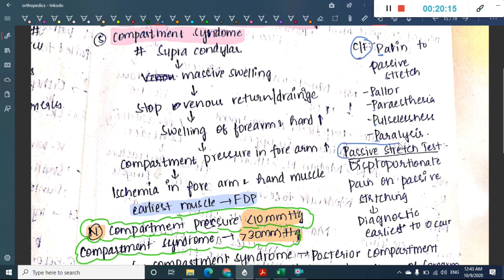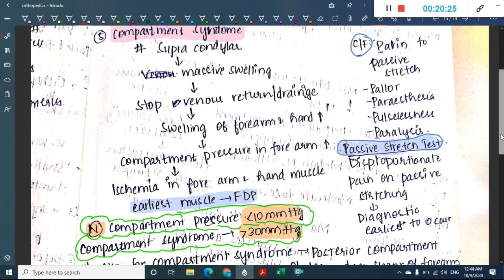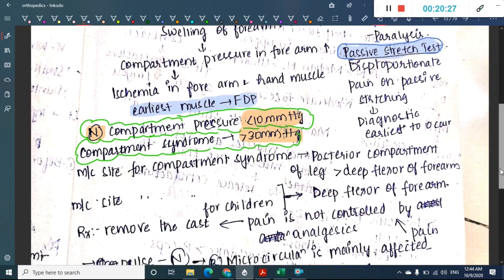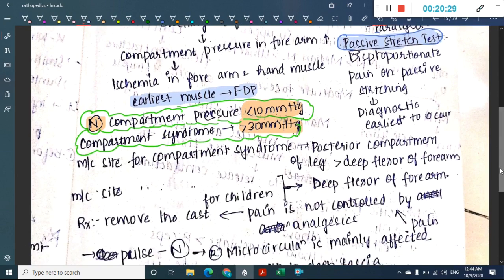There is a test which can be done in compartment syndrome. That is called the positive stretch test. What is this positive stretch test? Positive stretch test is disproportionate pain on passive stretching. When you do passive stretching of the limb involved in compartment syndrome, this shows a lot more pain.